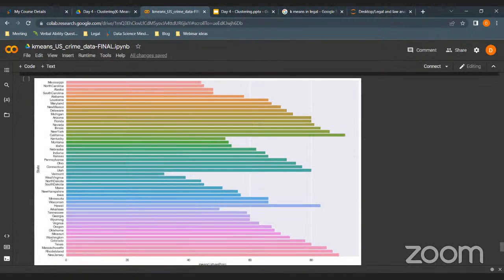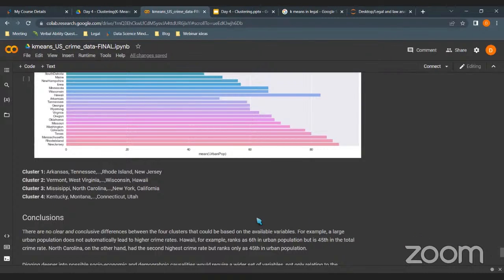Here you can see it has the highest urban population, but if we look at the crime rate, it is 45th.